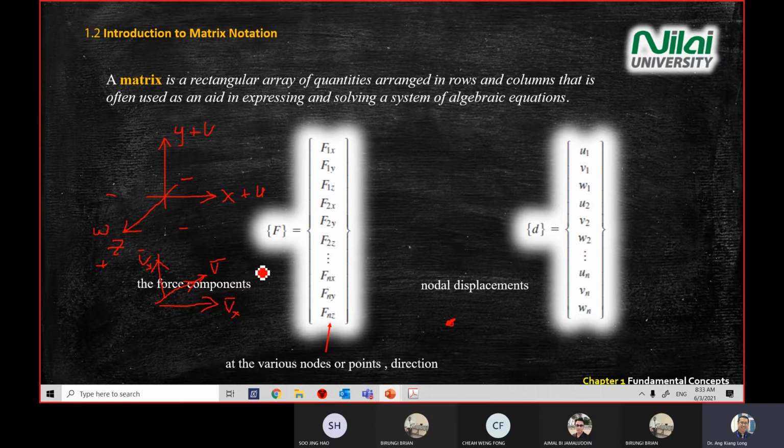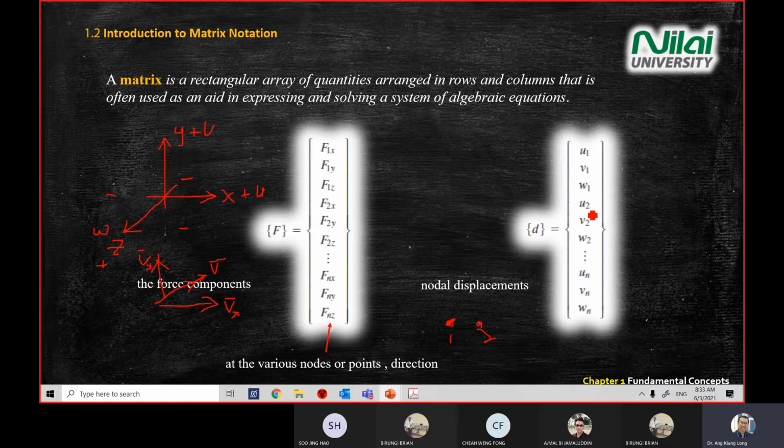The displacement that you normally need to write in your answer is U1. U1 means displacement in the x direction, meaning the component is moving in the x direction, so we label it as u. If the component moves in the y direction, we use small v, and w for the z direction. Again, the subscript 1 means point number 1. Point number 2, then you denote it as 2.